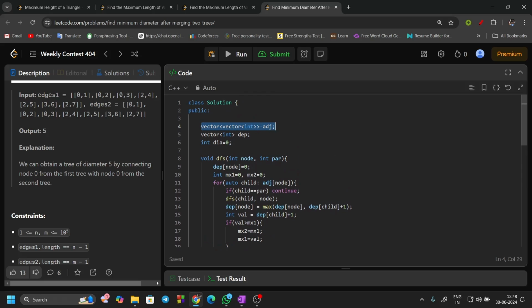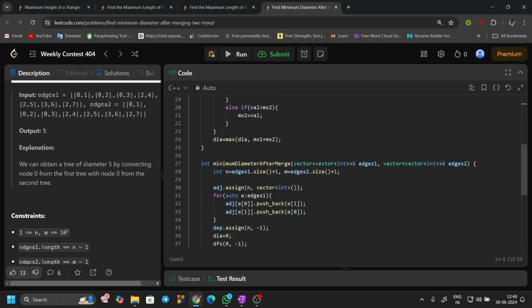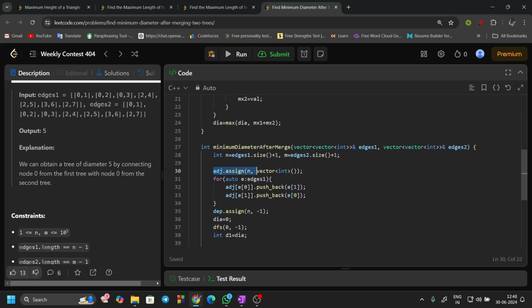I have initialized this globally so that I can use it in my DFS function. I'm just doing adjacency.assign. The number of edges in the first tree plus 1 is going to be the number of nodes in the first tree, and the number of edges in the second plus 1 is the number of nodes in the second tree.